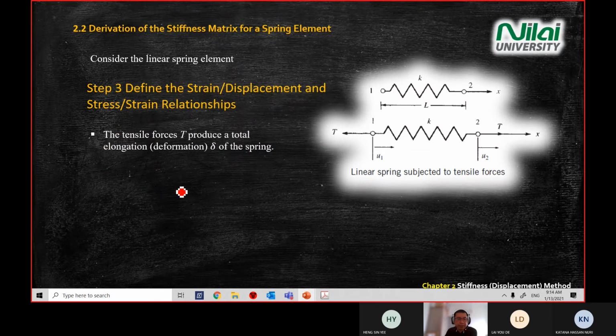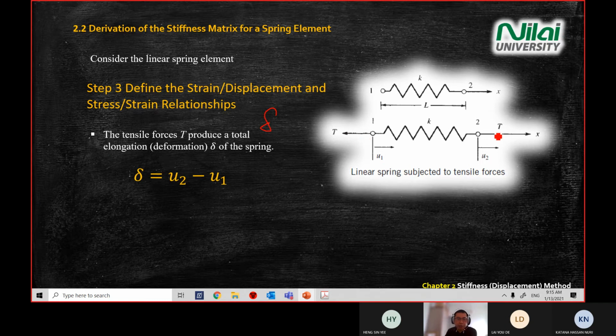All right. And here we use a different symbol for the displacement. We use sigma or delta to represent the displacement. So let's say you have displacements at points 1 and 2, u2 minus u1. Why do we use the word elongation? Because we have a tensile force.